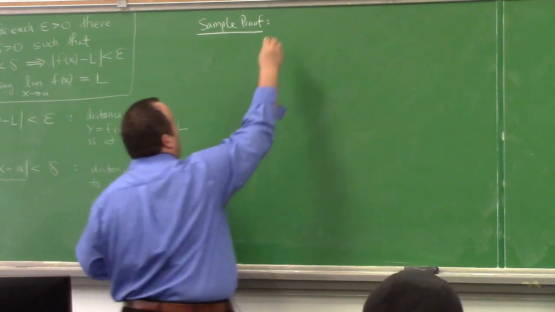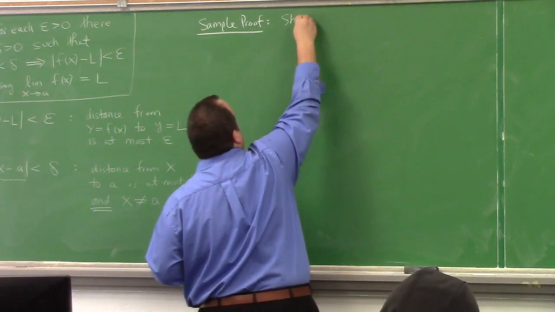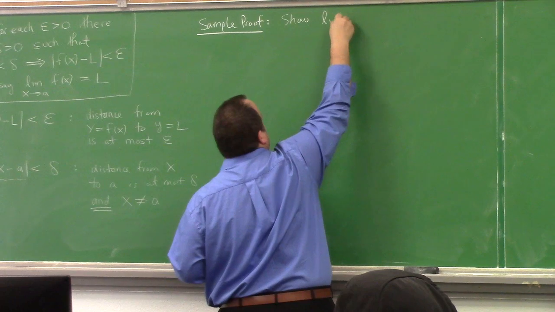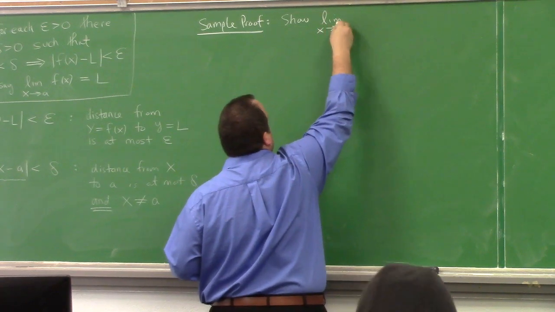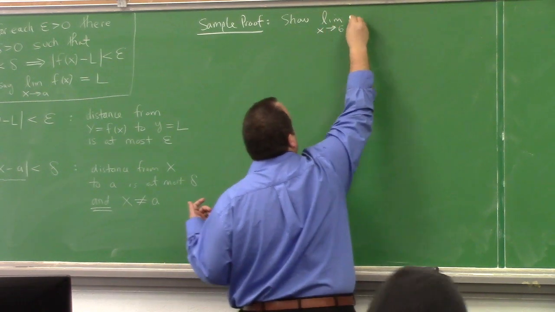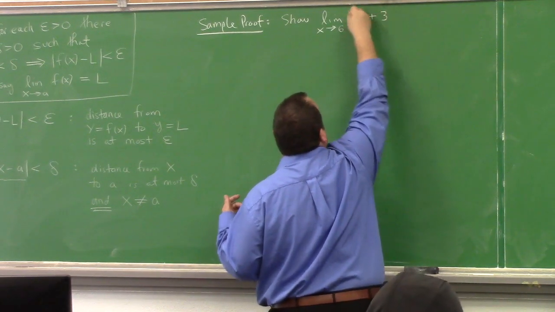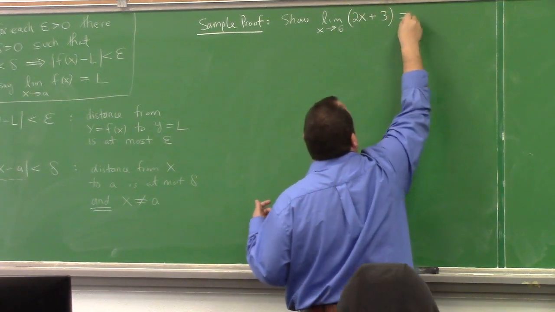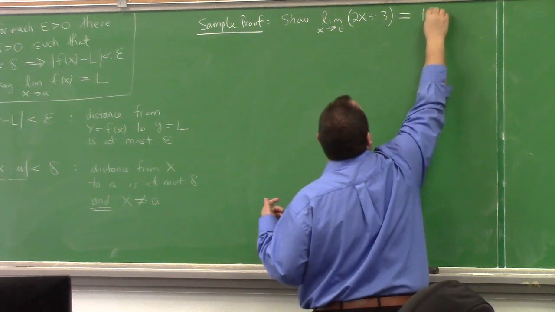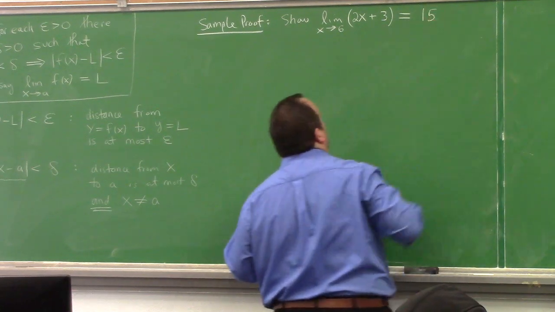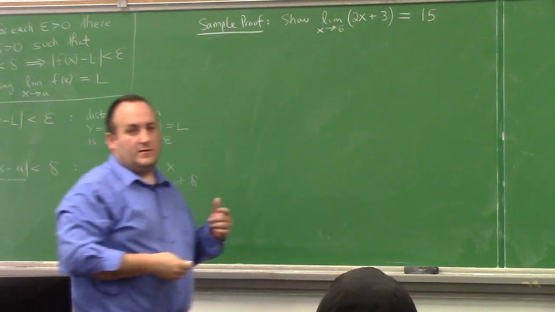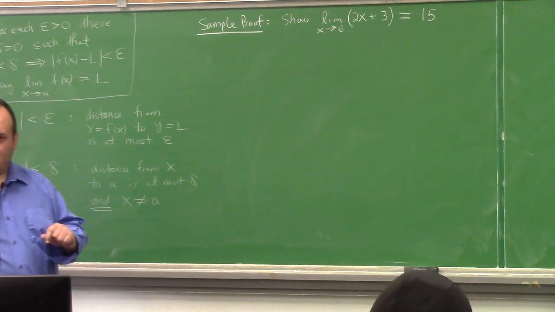So we wish to show the limit as x approaches, let's say, 6 of 2x plus 3 equals 15, directly from the definition.